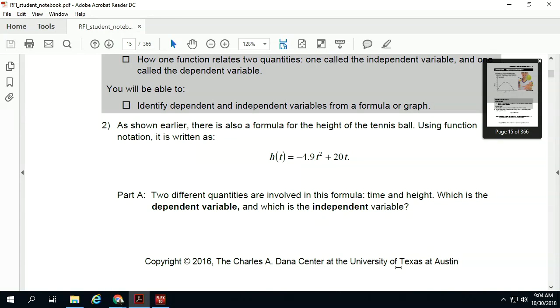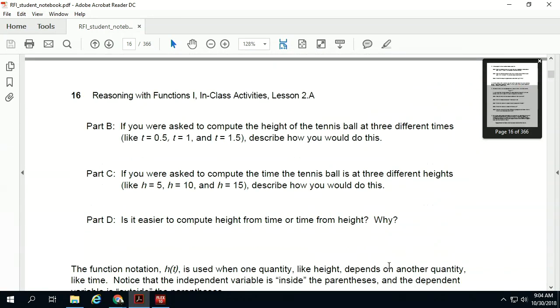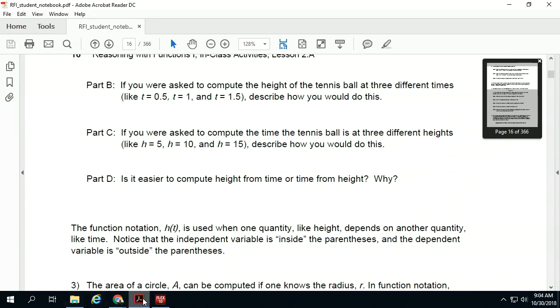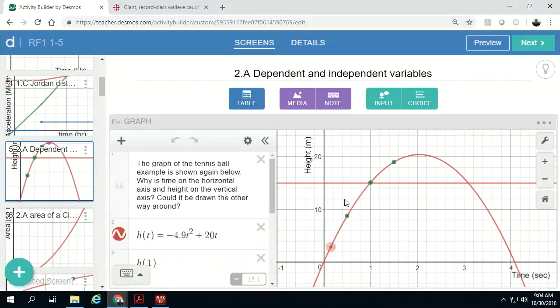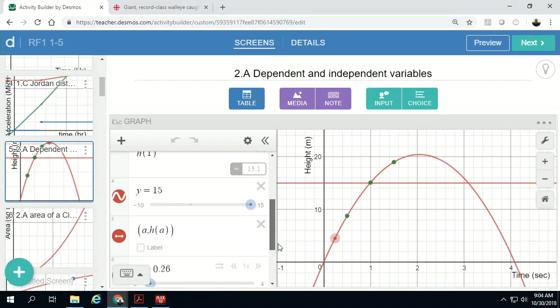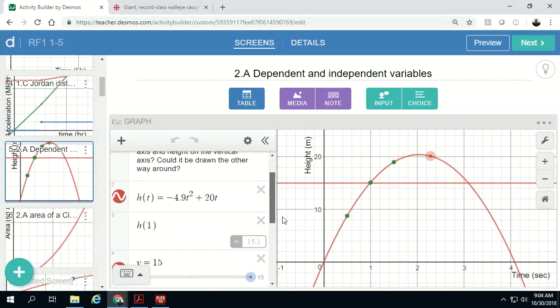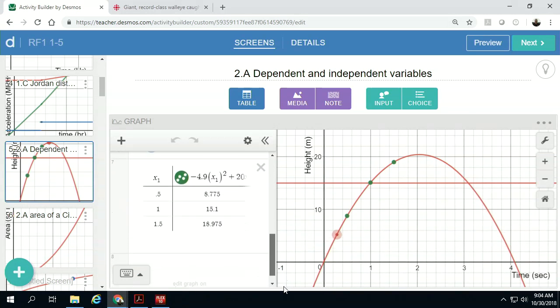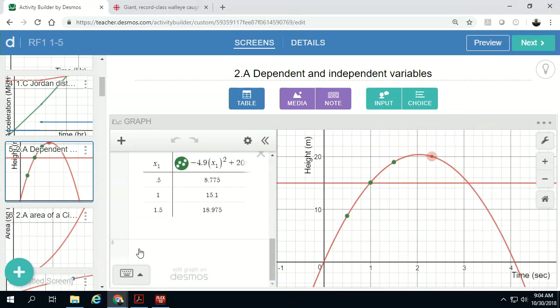Page 16. This is where we were, someplace along here. So if you notice here in the graph, I just made the time different things here. So I'm going to graph time.